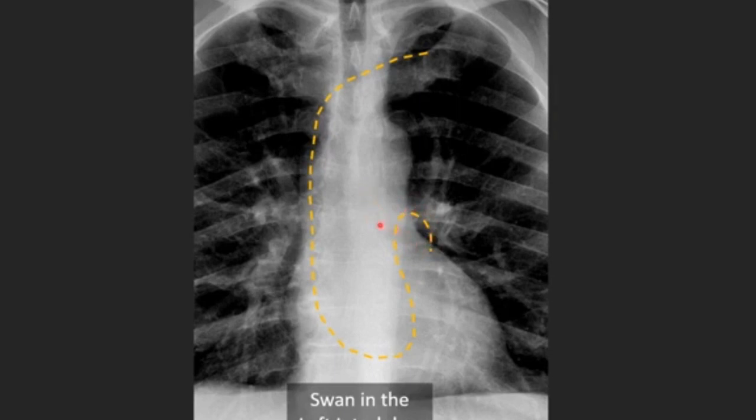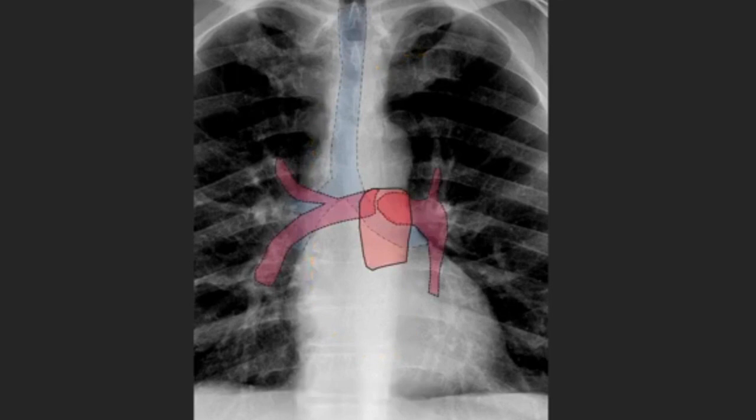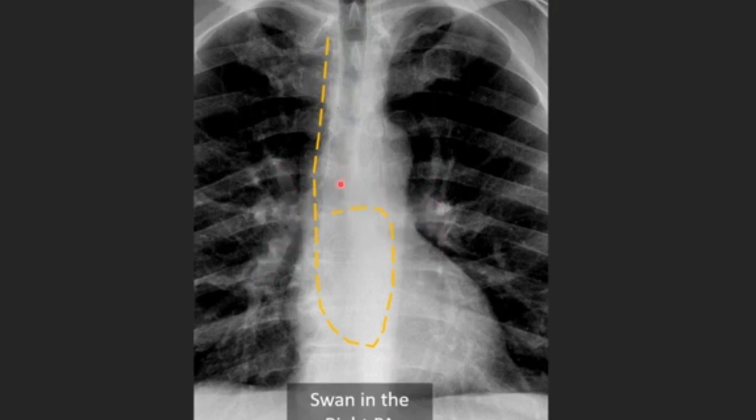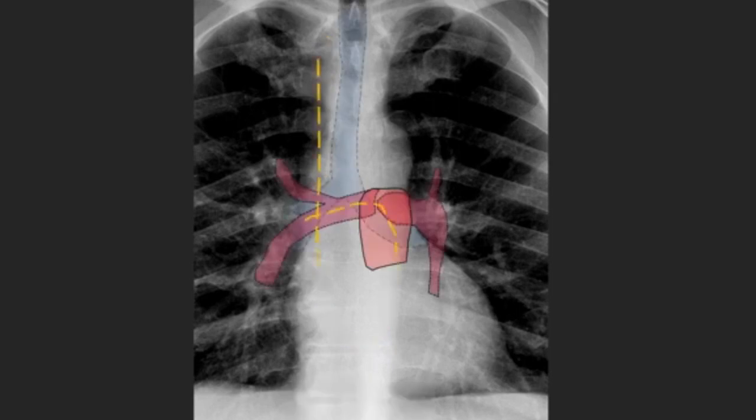And now we're going to look at the Swan-Ganz catheter. If the tip lies on your right pulmonary artery, that's in your right main pulmonary artery. Now if it gets pushed further down, then it goes to your right interlobar pulmonary artery.